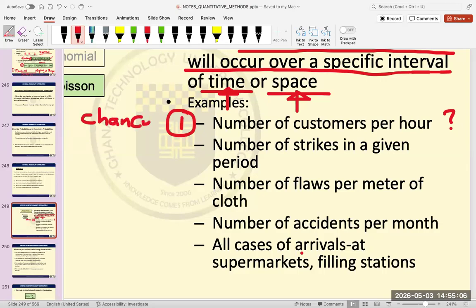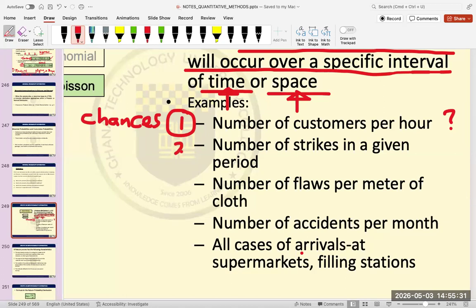What are the chances that 100 people will come to your shop within 1 hour? You don't know. How will this occur? This will occur in time. So for Poisson, the occurrences are within time or space.